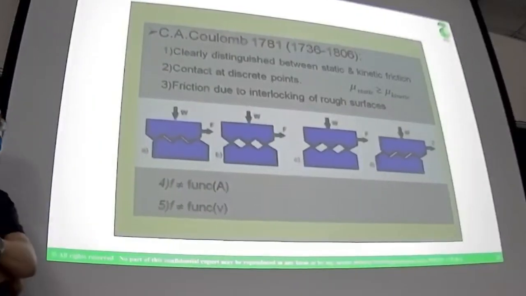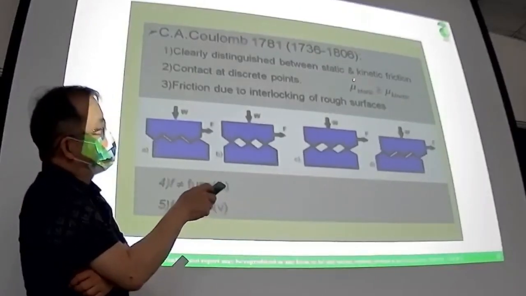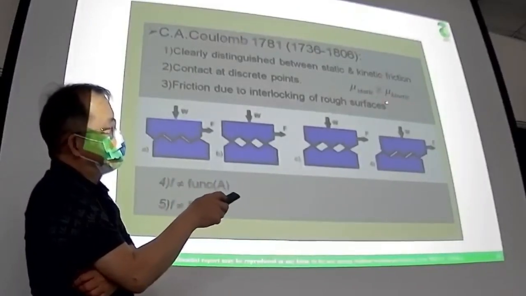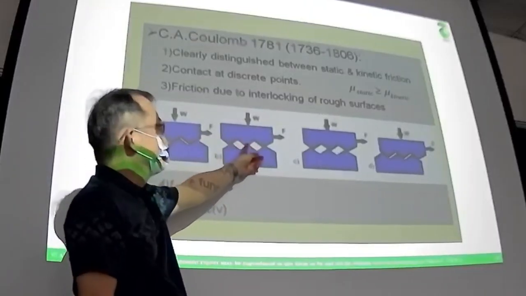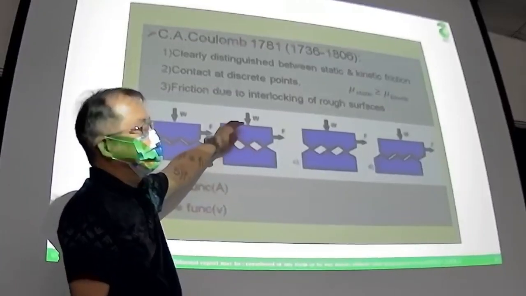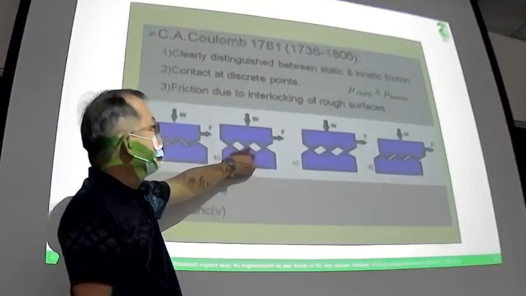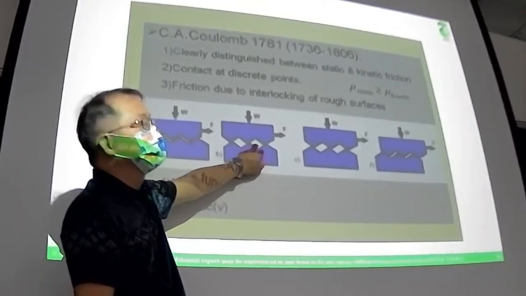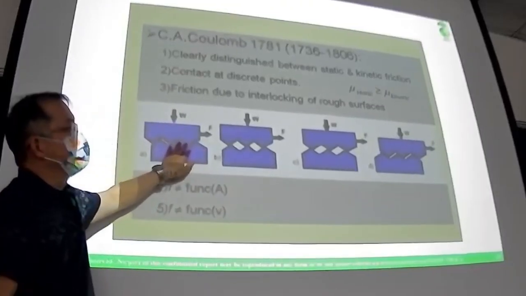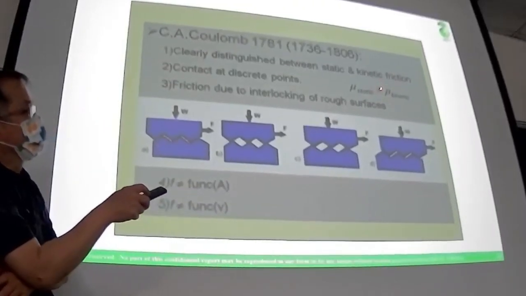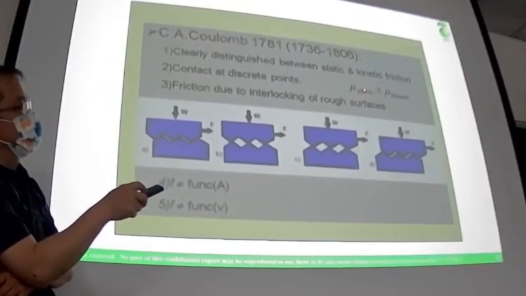And you have a result: the coefficient of static friction is greater than the kinetic, because the asperity on the top surface was moving into the valley of the bottom surface. So in this case, you have a higher, bigger static coefficient.